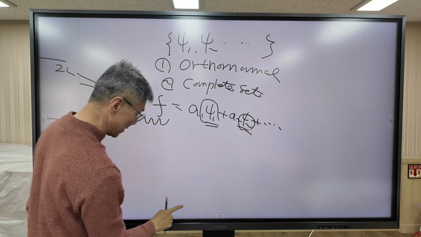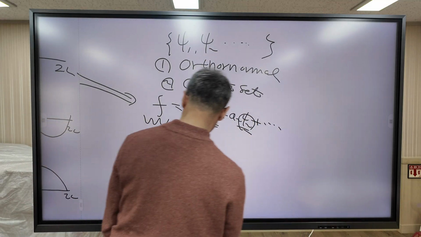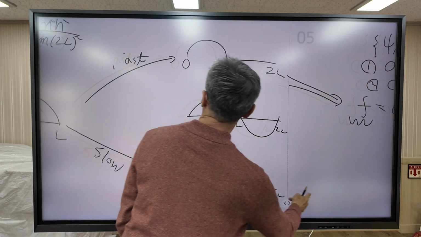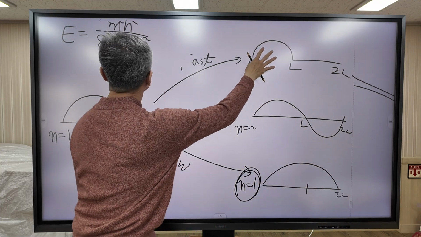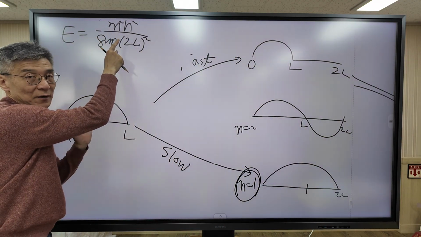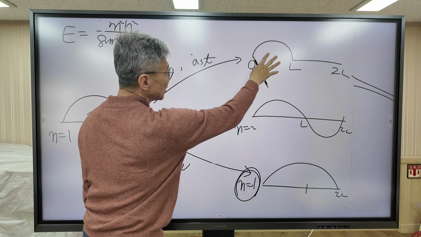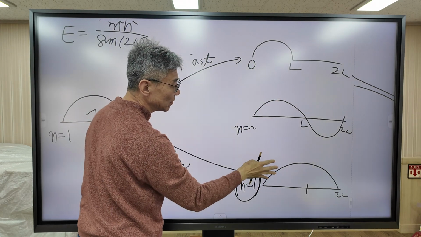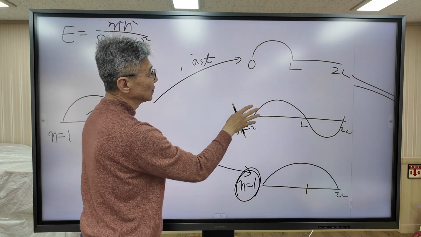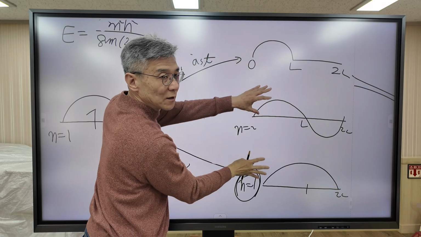It means that this function cannot be defined, and quantum number cannot be defined, but this function can be expressed as a linear combination of this function. Okay, so this function is a mixture of this function.